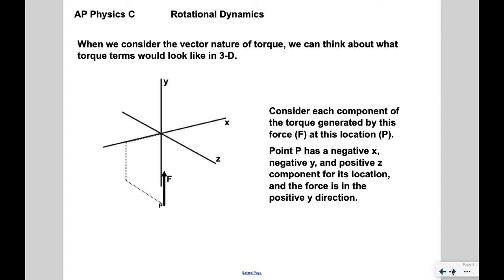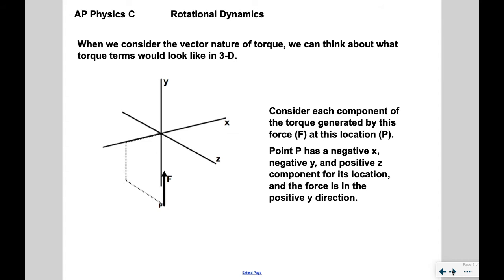Now, when we consider the vector nature of a torque term, we can think about what this would look like and how it would be reported in a three-dimensional environment. When we look at this situation, you can see where the x, y, and z axes are. We want to consider this force that is exerted at this location P. The point P has negative x, negative y, and positive z components for its location.